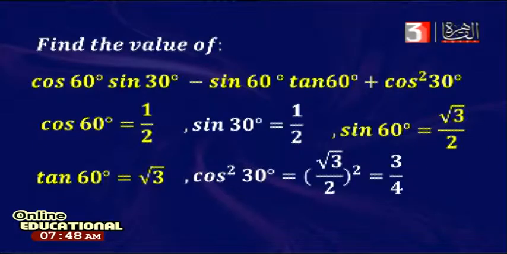Cosine 30 is adjacent over hypotenuse, which is root 3 over 2. Then to find cosine squared 30, you square root 3 over 2, so it is root 3 over 2 all to the power of 2, to obtain 3 over 4.